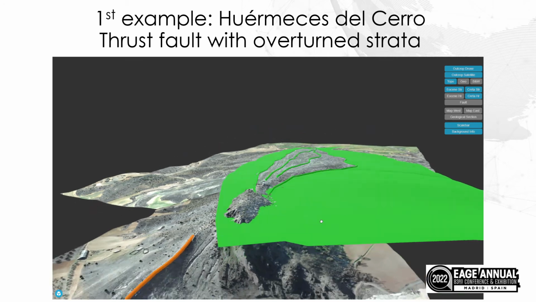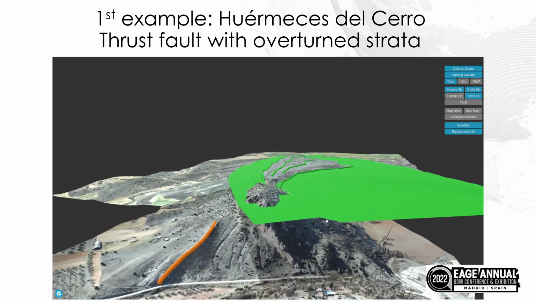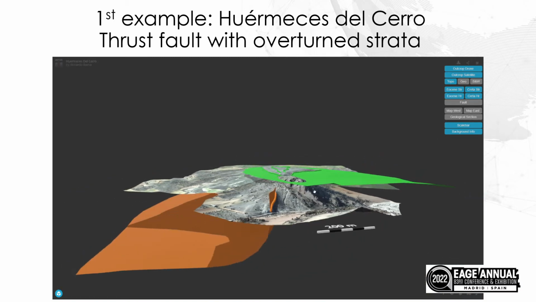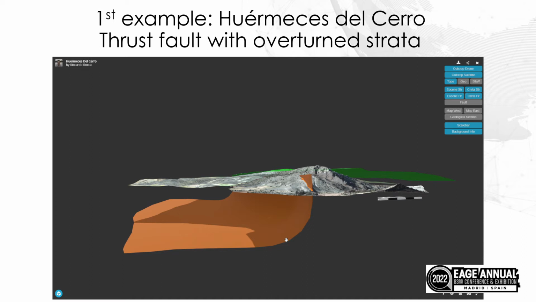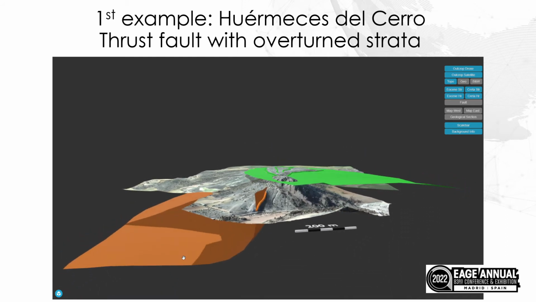Here it is, and on the other side, we represent also the surface associated with the Eocene carbonates that are vertical at the surface, but in the subsurface they flatten out. And they become vertical because they are dragged and deformed by the fault thrust. And here is the fault.